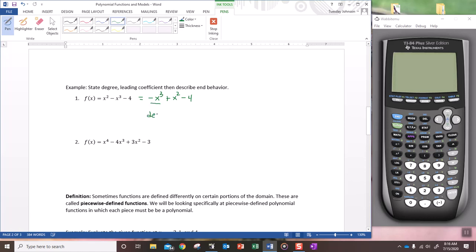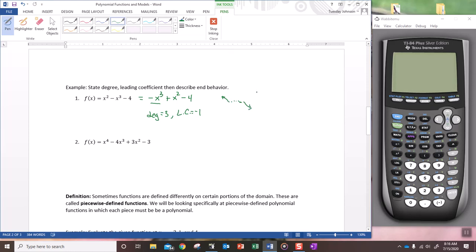So the degree is 3. It'd be easy to say it's just degree 2 because that's what's up here. But you have to have the highest, degree 3. Leading coefficient is a negative 1. Since it's odd, they finish in opposite directions. Because the leading coefficient is a negative, it's going to be generally going down.